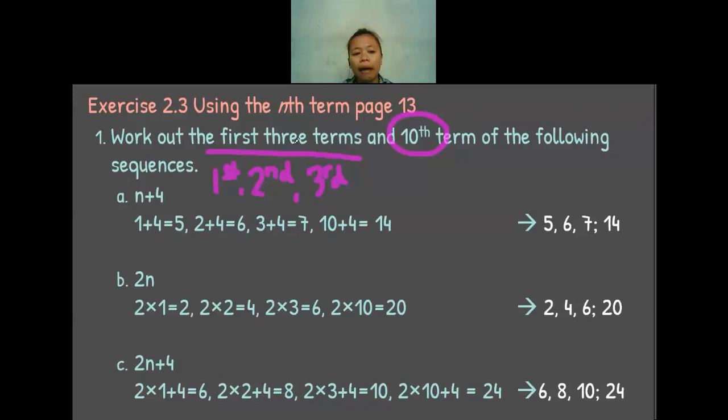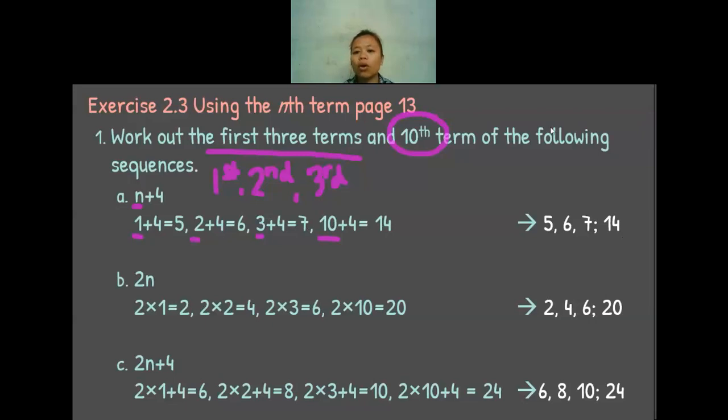That's why the letter n we need to replace with number 1, number 2, number 3. And for the 10th term, the letter n we will replace with number 10. So 1 plus 4 will be 5, 2 plus 4 will be 6, 3 plus 4 will be 7, 10 plus 4 will be equal to 14. So the answer will be 5, 6, 7, and 14.